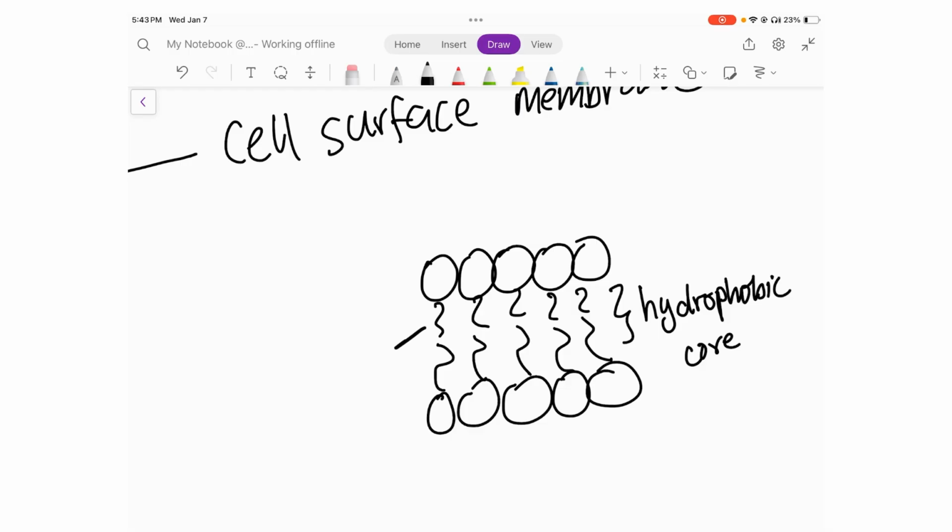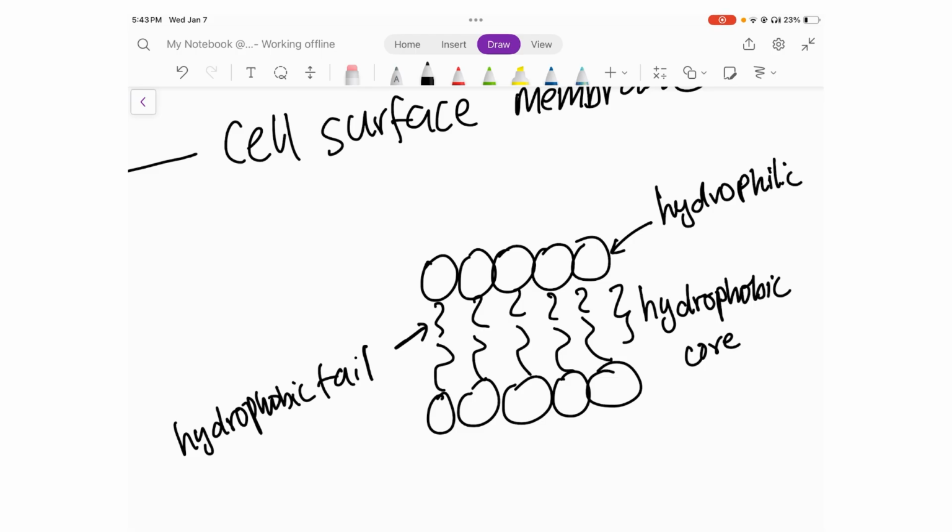So these tails are hydrophobic, water repellent, whereas these heads are hydrophilic, which means that they attract water.